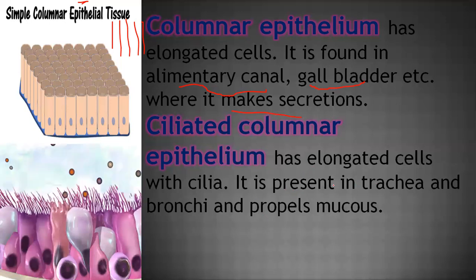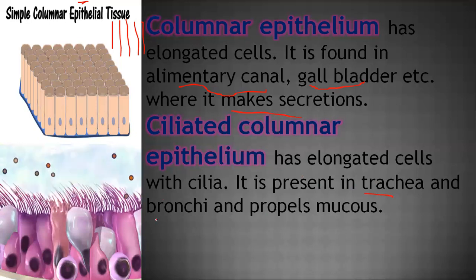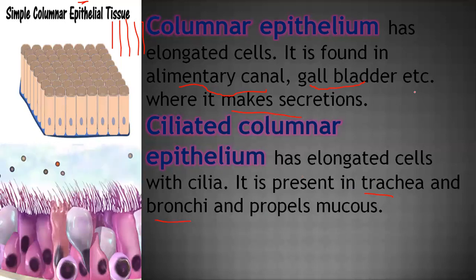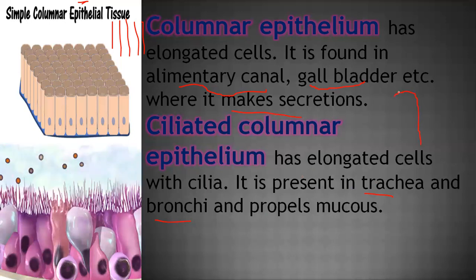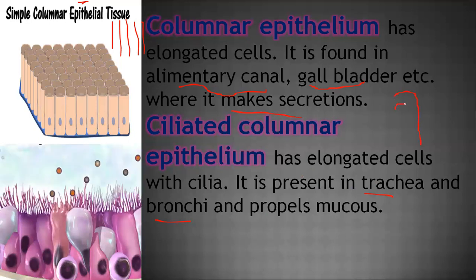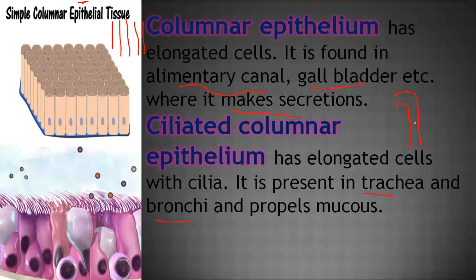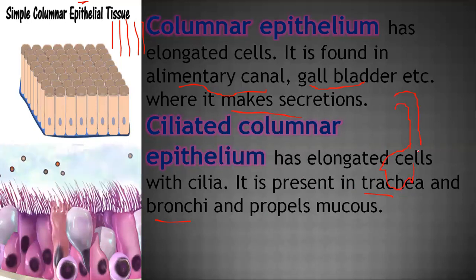Where they are present, their location is in the trachea and bronchi. You know the trachea? The trachea is your windpipe. When you breathe in, from your nose the air passes down into the trachea, then it goes into the lungs.